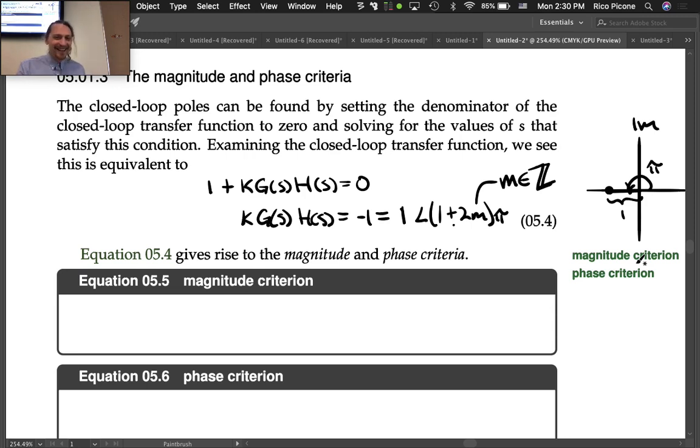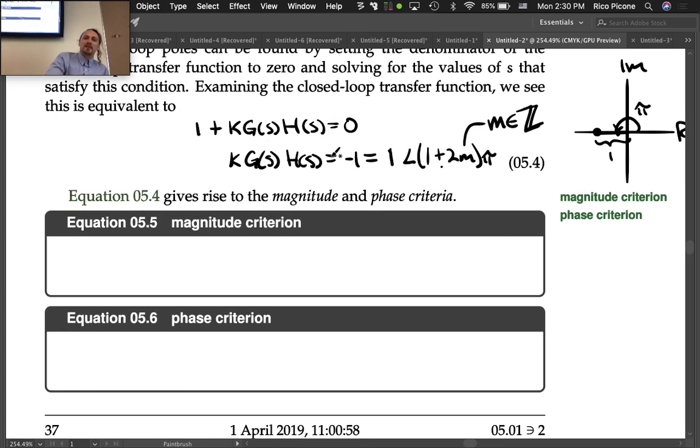Okay. Equation 5-4. Sorry, I got distracted with pi. It's an easy thing to do, so you got to be careful. So, this equation 5-4 gives rise to the magnitude and phase criteria.